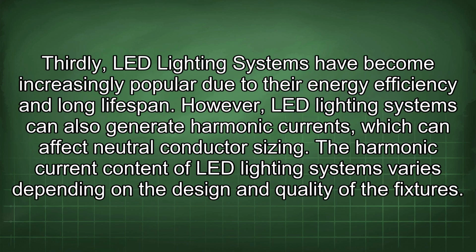Thirdly, LED lighting systems have become increasingly popular due to their energy efficiency and long lifespan. However, LED lighting systems can also generate harmonic currents, which could affect neutral conductor sizing. The harmonic current content of LED lighting systems varies depending on the design and quality of the fixtures.